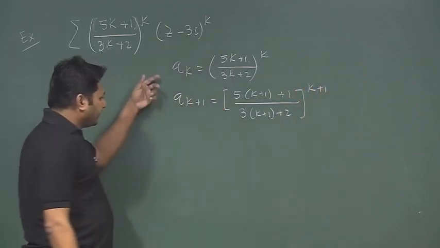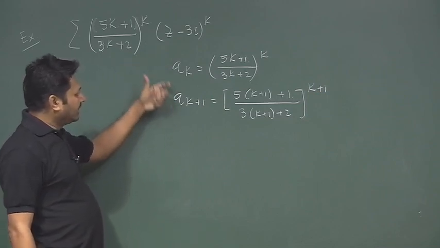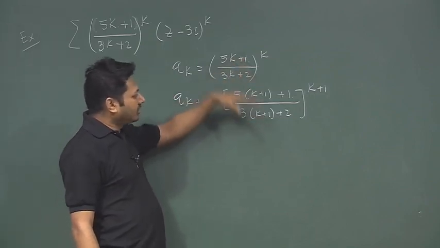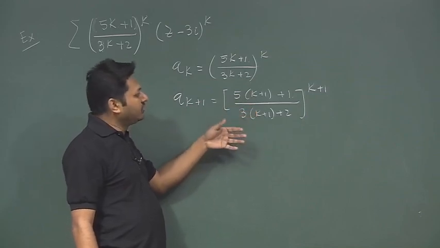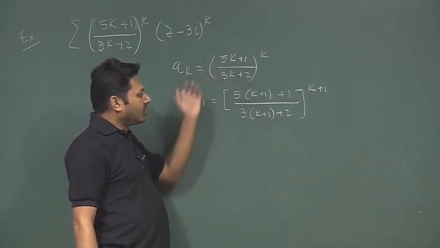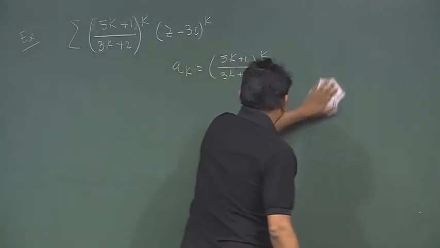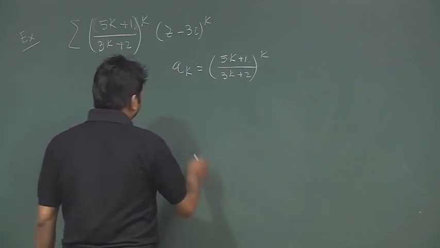So, when you try to find a_(k plus 1) divided by a_k, there is some problem, because the cancellation will not be that easy, and then you need to take the limit, which will not be that simple. But if you take the root of that, then things will be simpler.